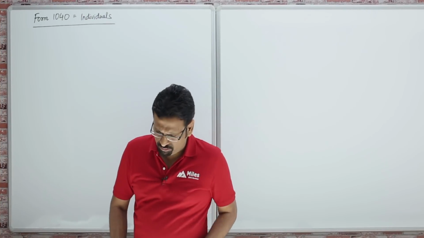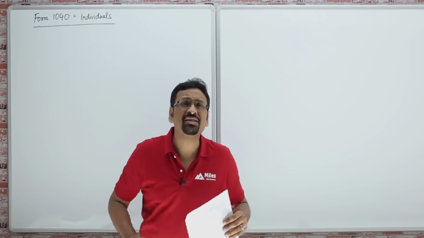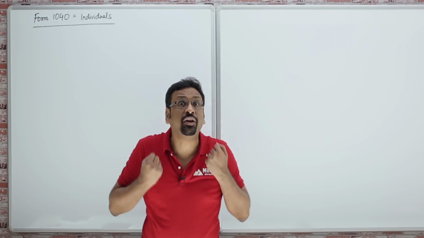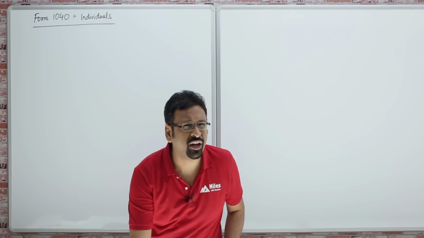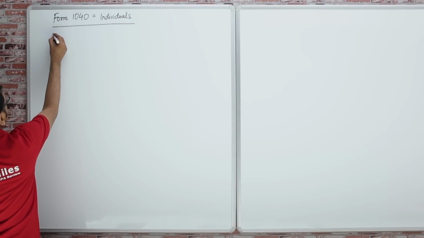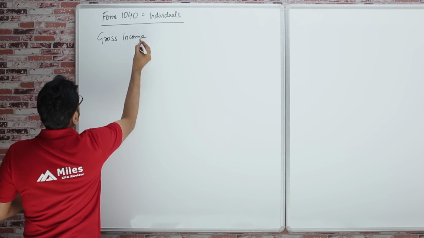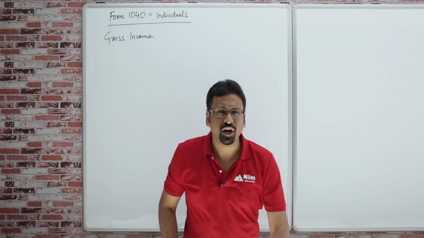To start with, on your Form 1040, Uncle Sam wants to know all that you've earned during the year, your total income, or as we would call it, your gross income. So gross income is all the money that you've earned during the year.